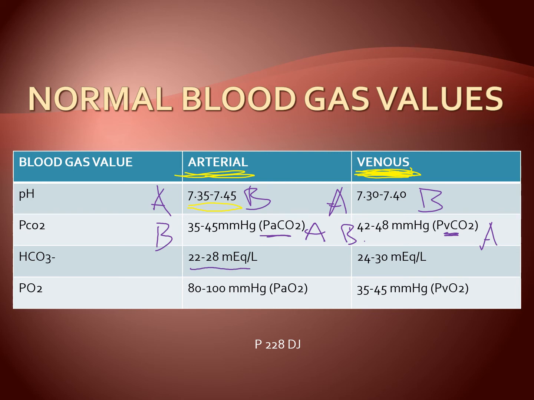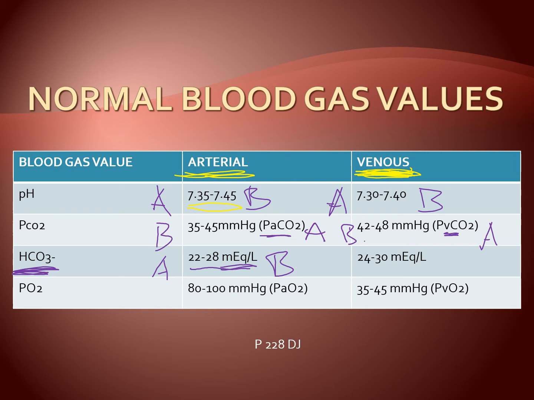Bicarb. Your book, and this book is very well known for doing it, says the normal level of bicarb in the bloodstream is 22 to 28 for arterial. Less than 22 would be acidic, because remember, bicarb's a base substance. Greater than 28 would be basic or alkaline. So here's the situation. According to a lot of different sources, other than this book, a normal bicarb level is 22 to 26 milliequivalents per liter.